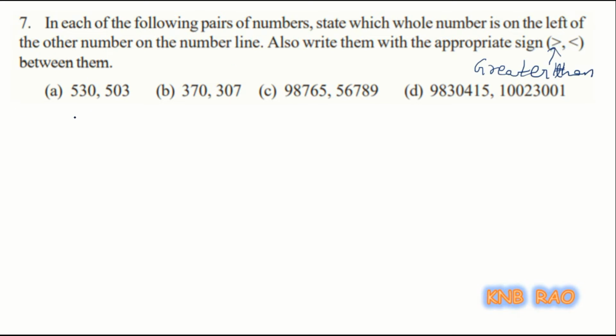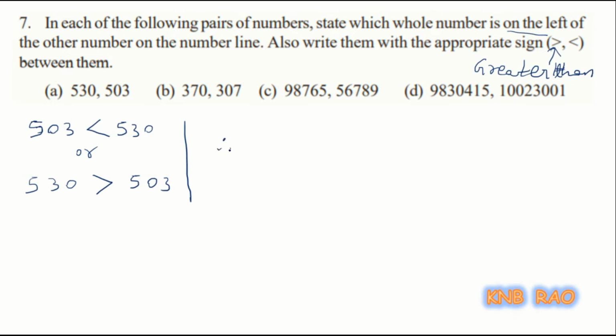Now first coming to the 530. Students, you know here 503 is less than 530, or you can write 530 is greater than 503. This is one part. Now who is on the left? Very simple, the smaller one will always be on the left.